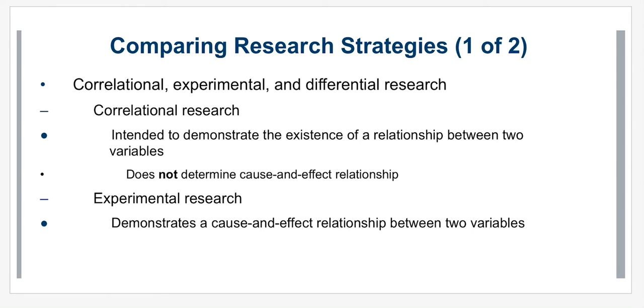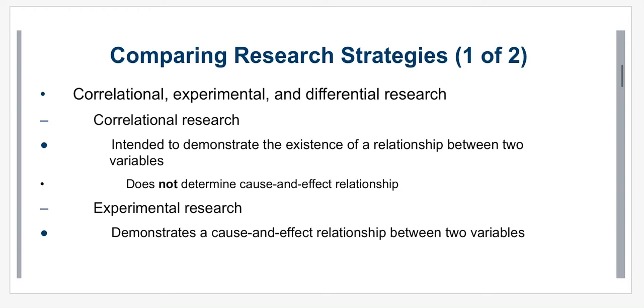It does not attempt to explain why this exists, and it would be an incorrect conclusion to say that one is causing the other. To say more time on Facebook is causing lower GPA, or even the other way around, lower GPA is causing more time on Facebook. Either way would not be appropriate based on a correlational study.